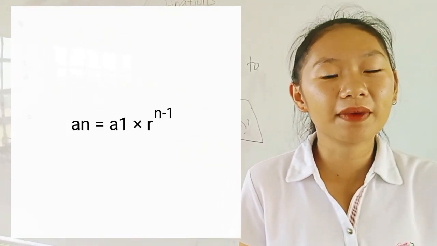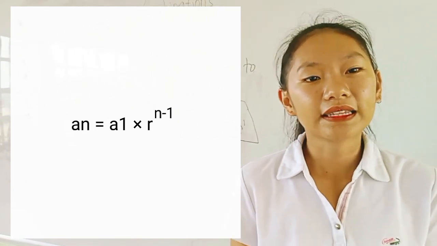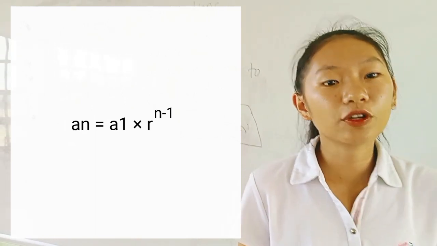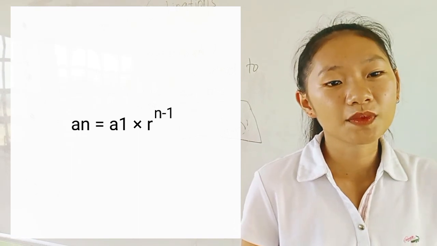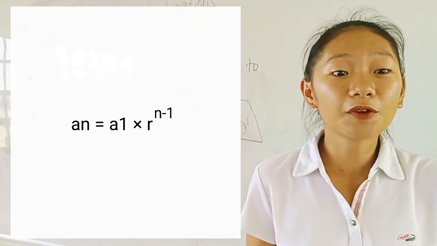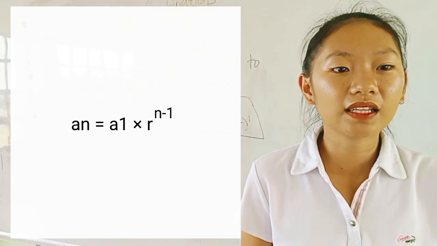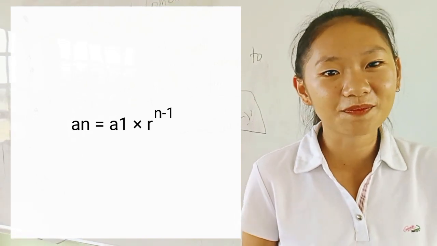So we have a sub n is equal to a sub 1 times the ratio, r, to the power of n minus 1. To get that formula, what is a sub n?